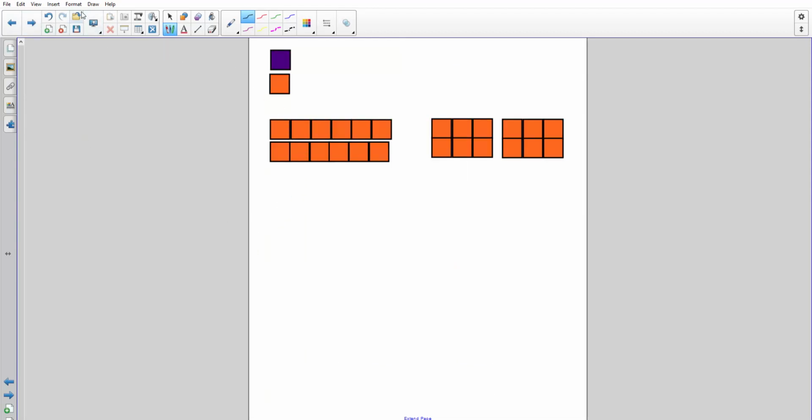Let's take a look at something else here with me, please. You'll notice that I have some rows and columns of rectangles. Now, I certainly could count this up, but that's not what I'm here to do at this point in time. What I want to do now is I want you to see that I can cut this into equal parts. Check it out.